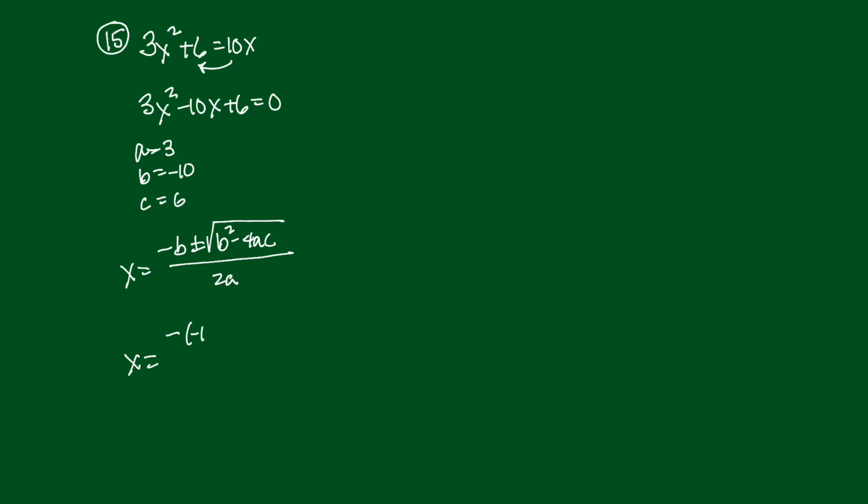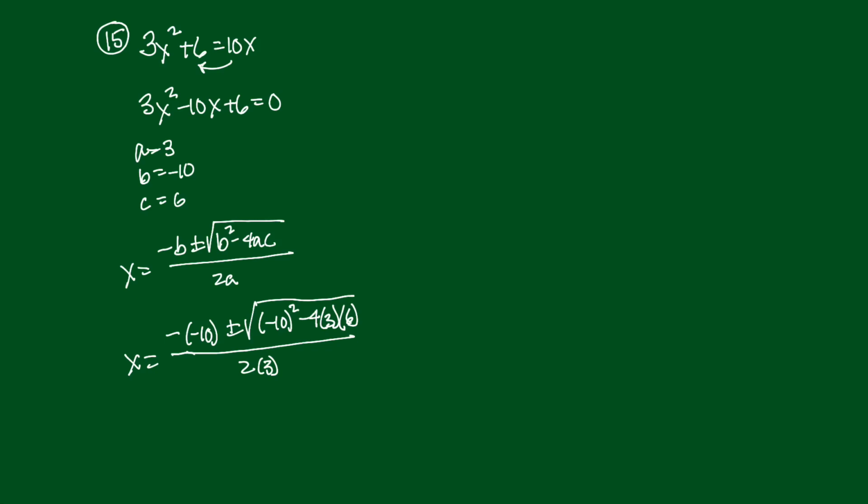The opposite of negative 10 plus or minus the square root of b squared. So that's going to be negative 10 squared minus 4 times a, which is 3, times c, which is 6, all over 2 times a, which is 3.